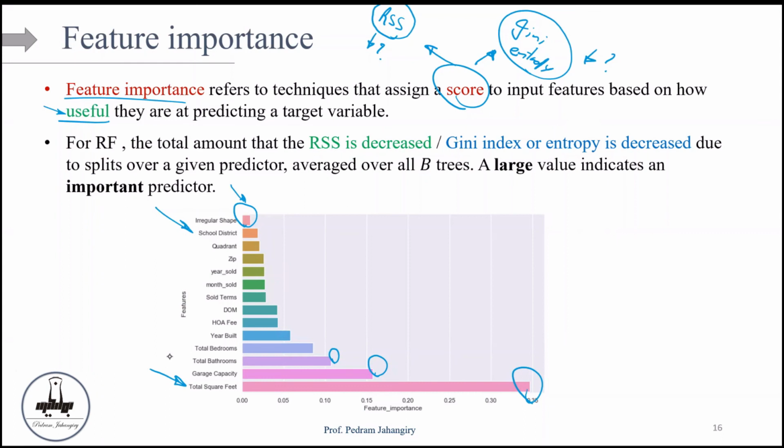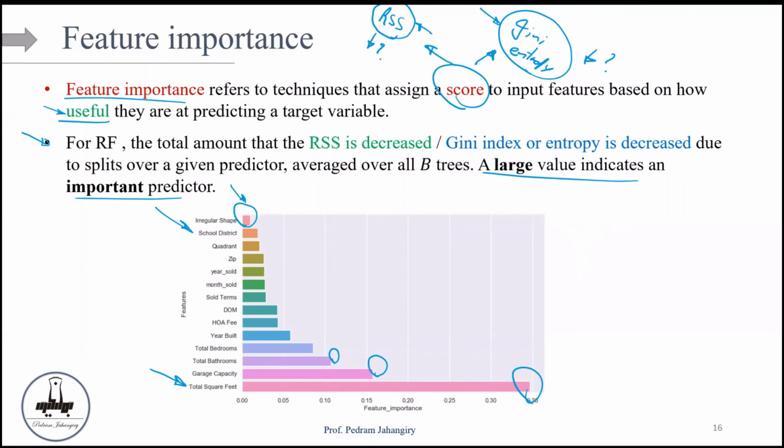For random forest, the score is the total amount that the RSS, Gini index or entropy is decreased due to splits over a given predictor, averaged over all B trees. A large number indicates an important predictor, because a large number means a larger reduction in the RSS or in the impurity, right?